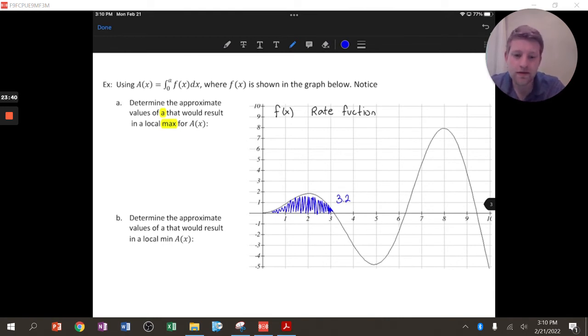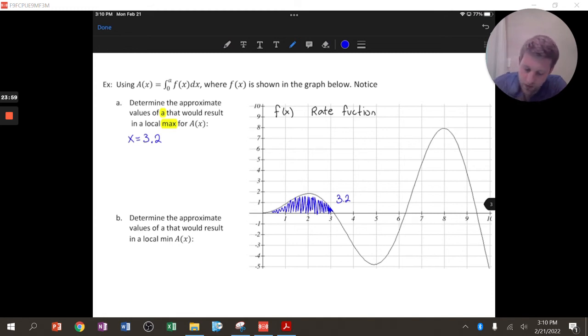So this is at a point in the function here that we actually reach a maximum amount of accumulated area in that neighborhood. So x equals 3.2 looks like a really good candidate for this result.